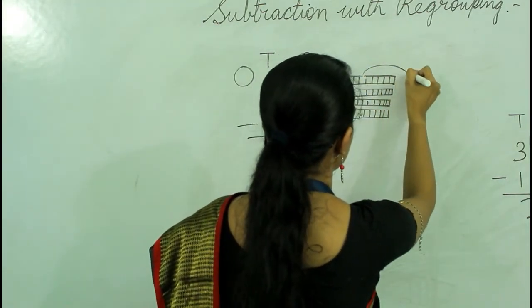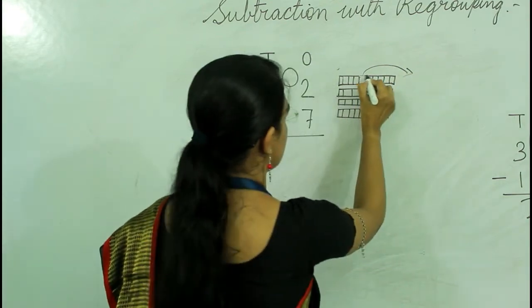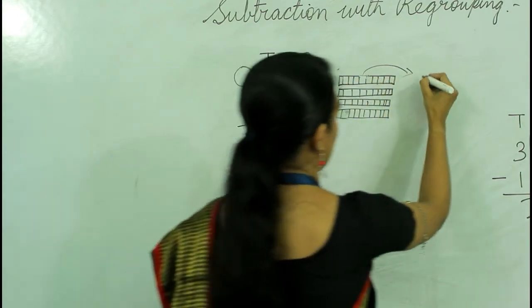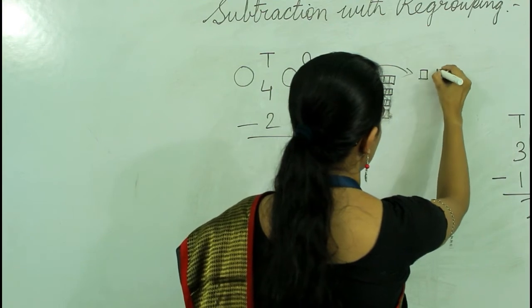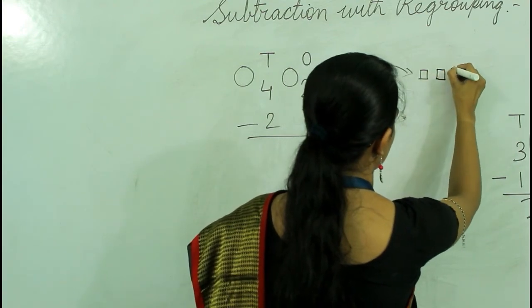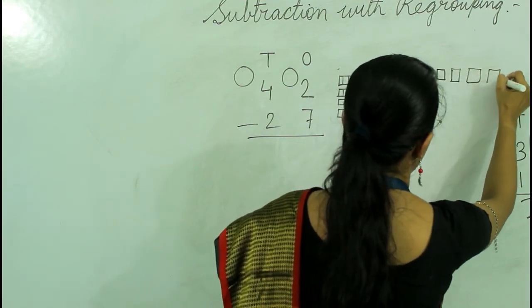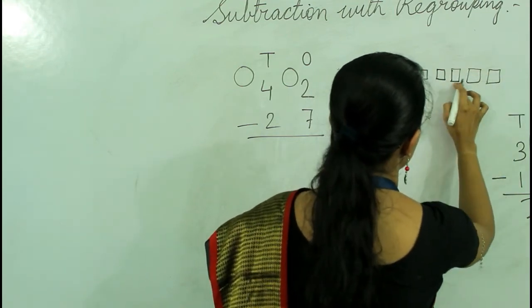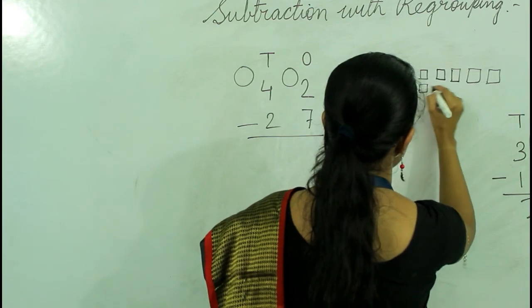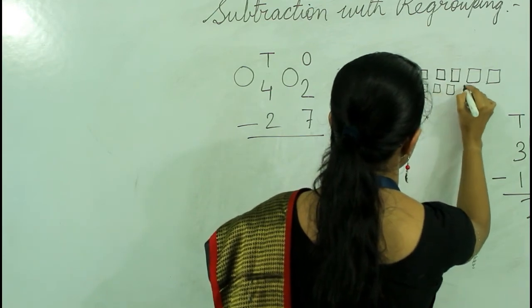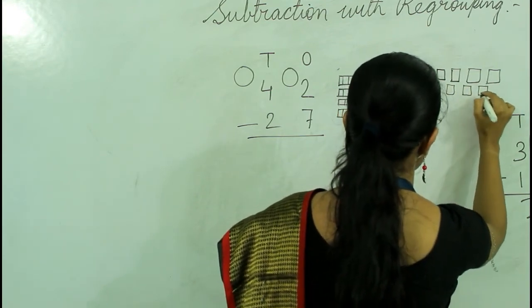Then we have to put this one group here and make it separate blocks like this. 1, 2, 3, 4, 5, 6, 7, 8, 9, 10.